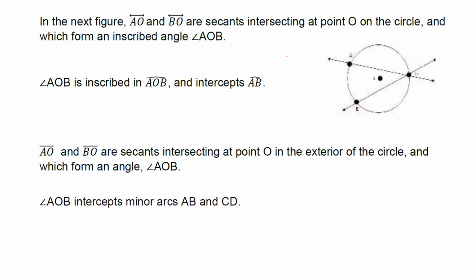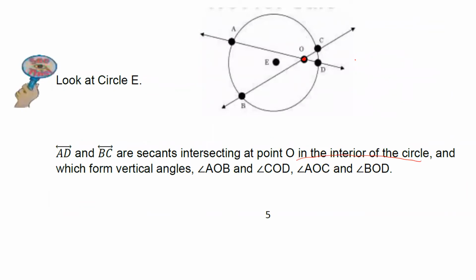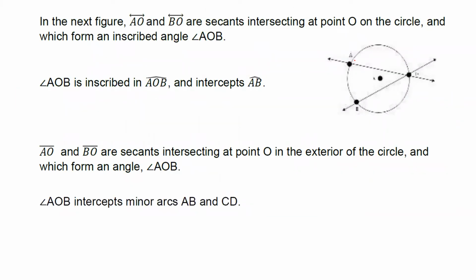In the next figure, line AO and line BO. This is A, this is B. Okay.